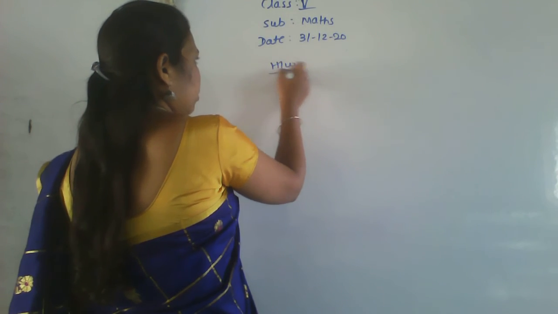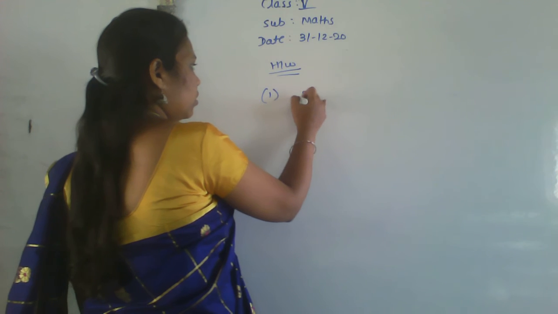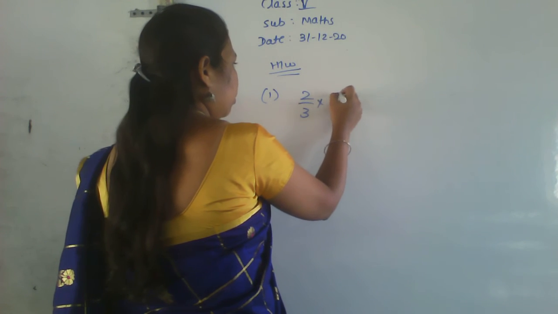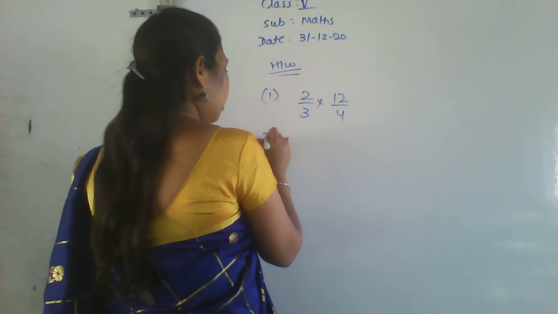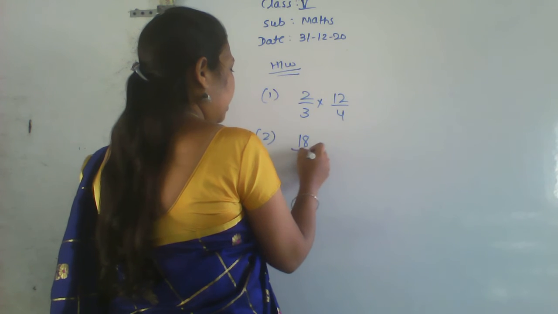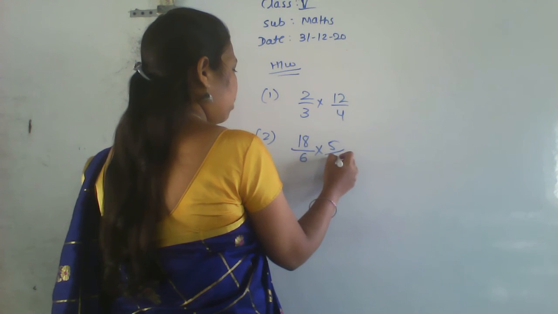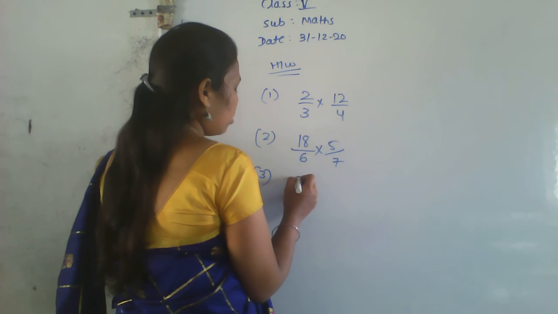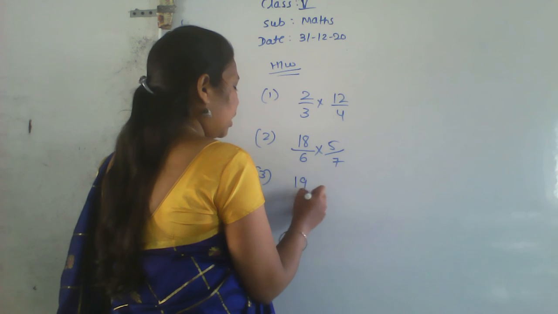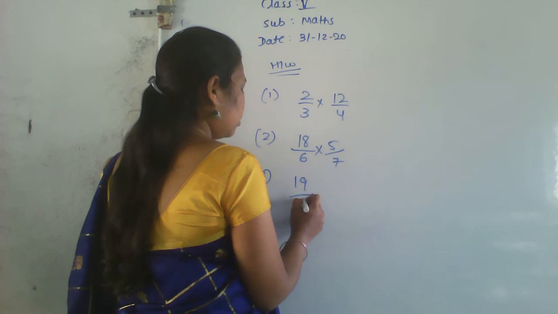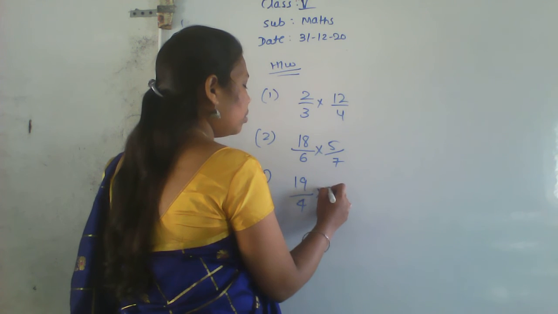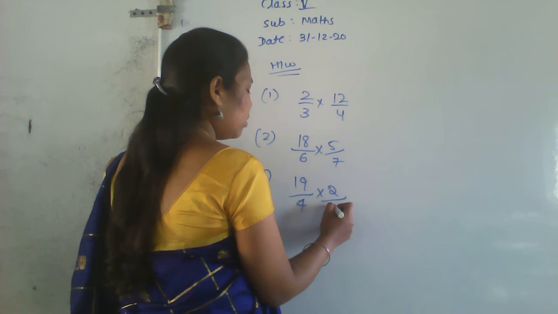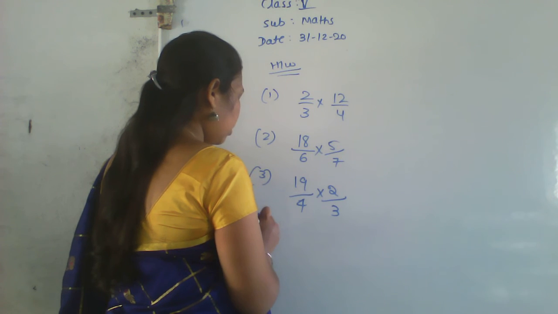Homework it is. First one, 2 by 3 into 12 by 2. Second one, 18 by 6 into 5 by 7. Third one, 19 by 4 into 2 by 3.